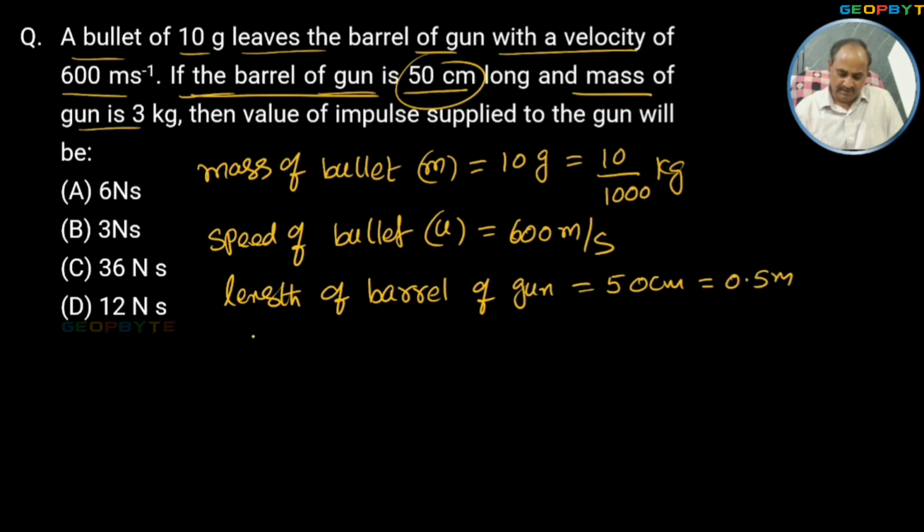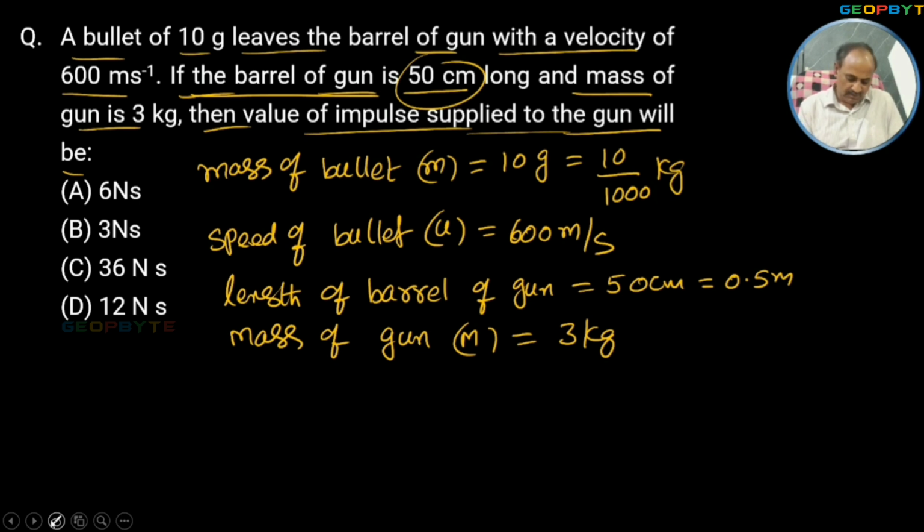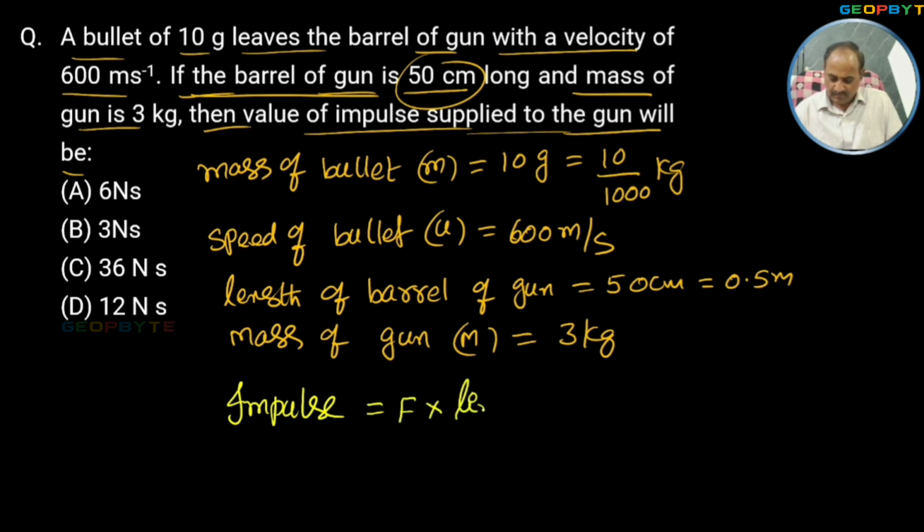And the mass of the gun, let it be capital M, equals 3 kilograms. Then the value of the impulse applied to the gun will be very simple. Impulse equals force multiplied by time.